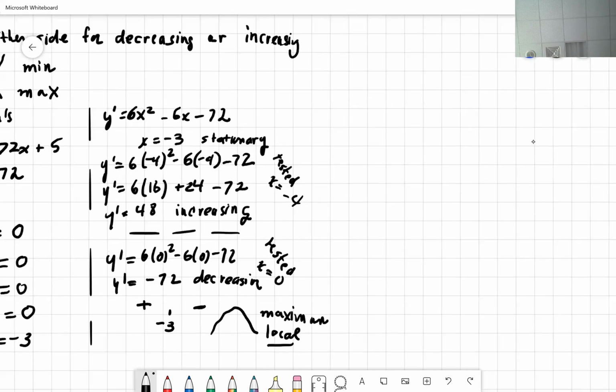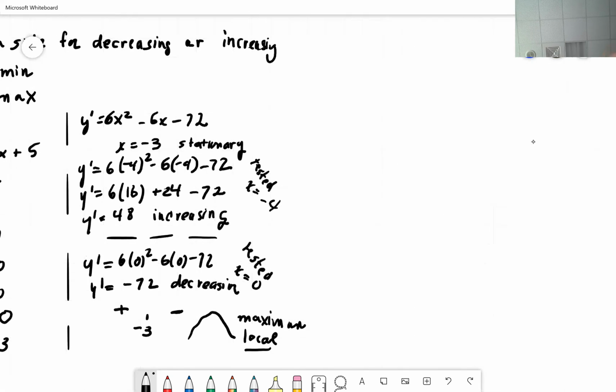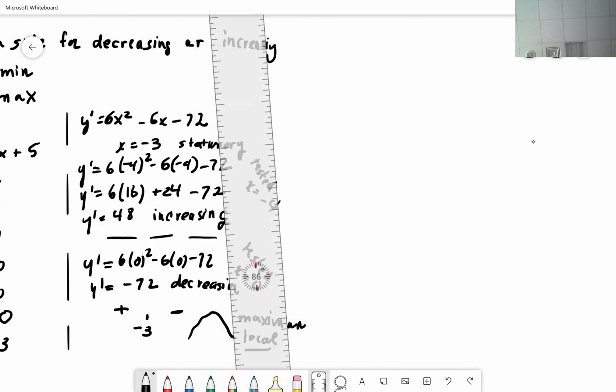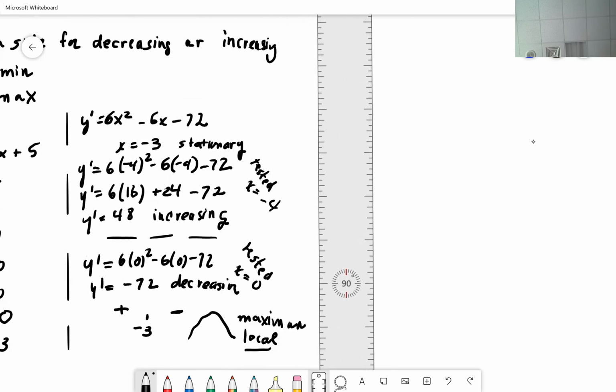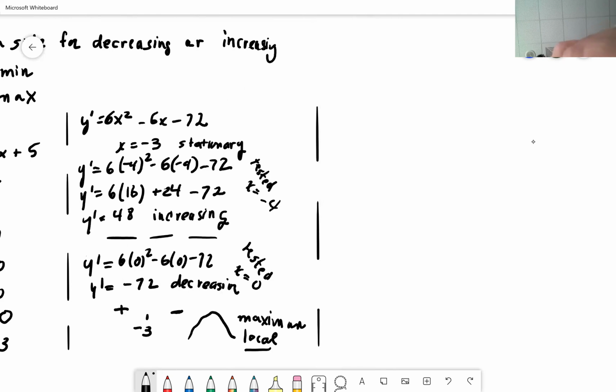So now we're going to do the same process for 4. Once again, we have y prime equals 6x squared minus 6x minus 72.